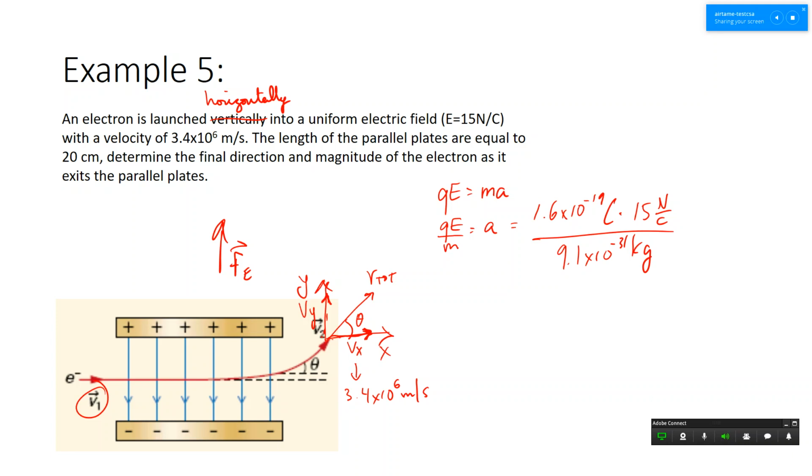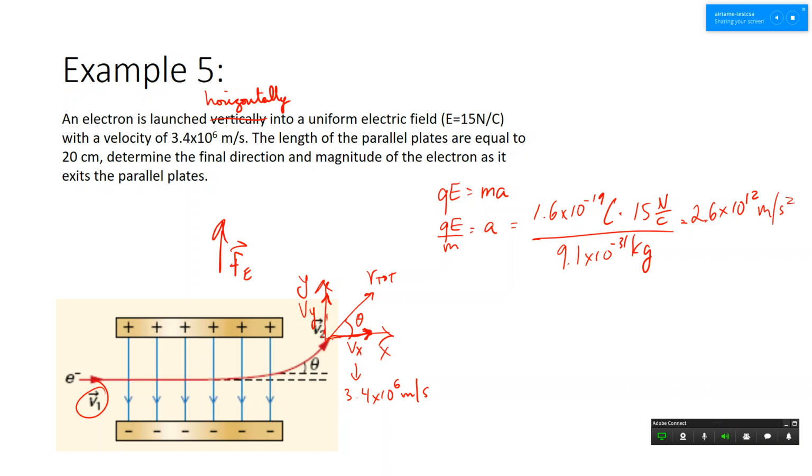Can someone give me a value quick for this? Should be a big number. 2.6 times 10 to the 12, you said? Okay. Units? Meters per second squared, because it's accelerating.